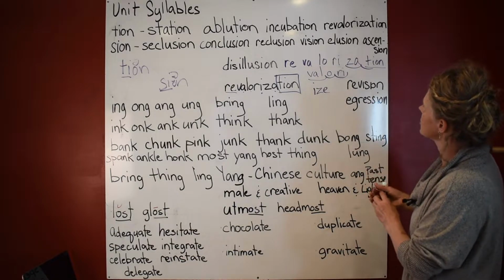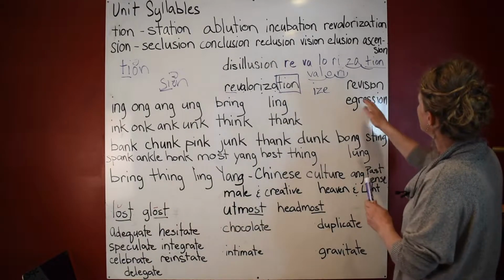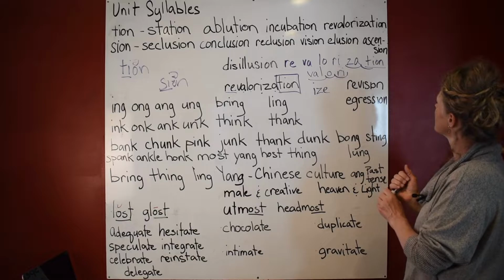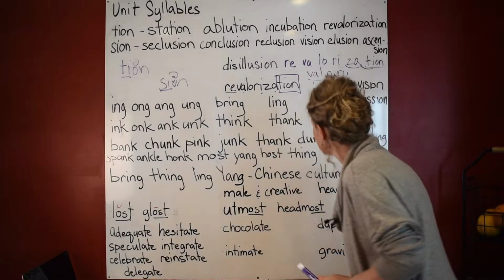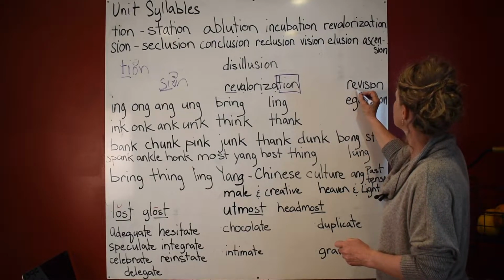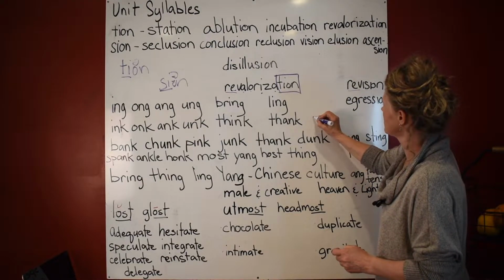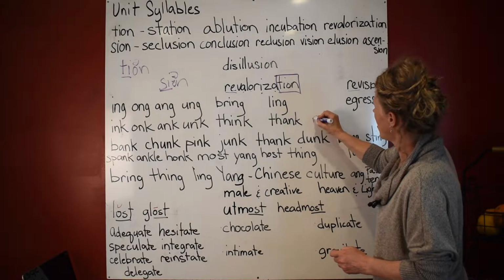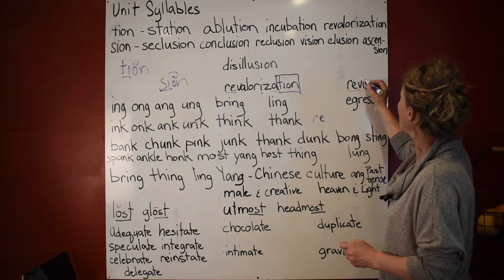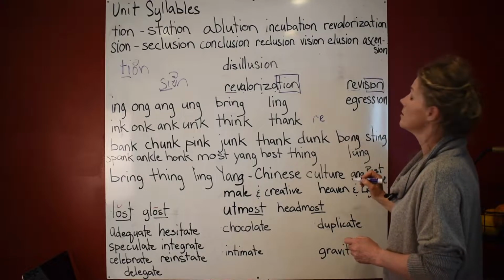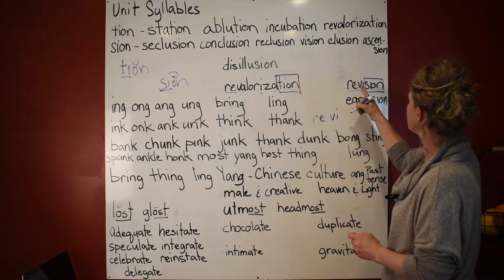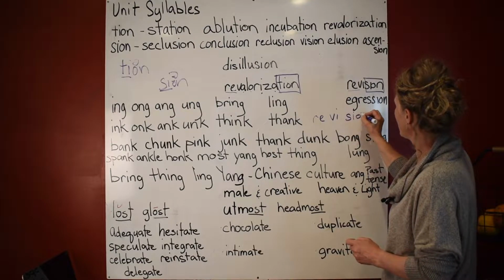So look at this word. We have revision. So let's erase all of this. So we have, look, our prefix, R-E. And now let's find our, oh, you have your unit sound. So we know V-I is in the middle and you have S-I-O-N.